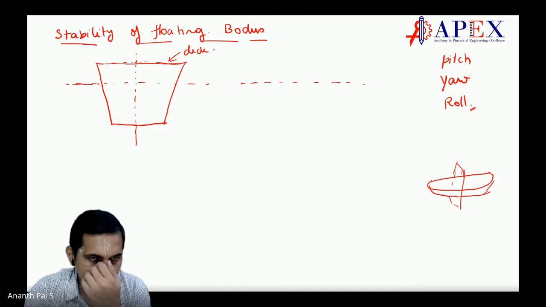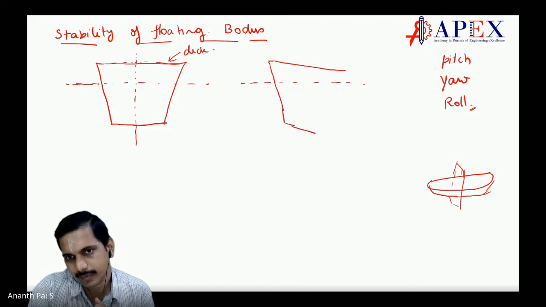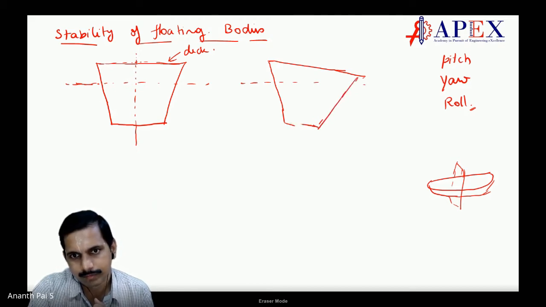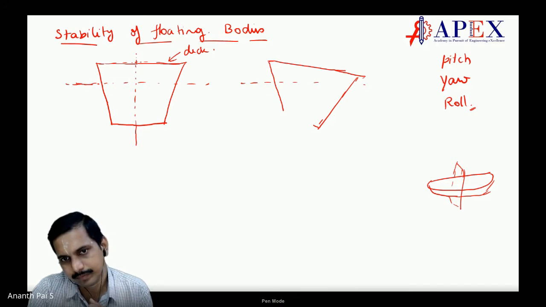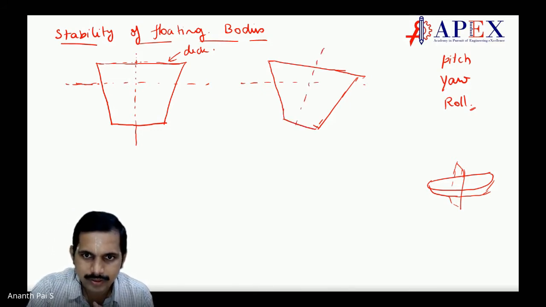This is the level of water, and say it has rolled by a small amount. And this is the new axis.